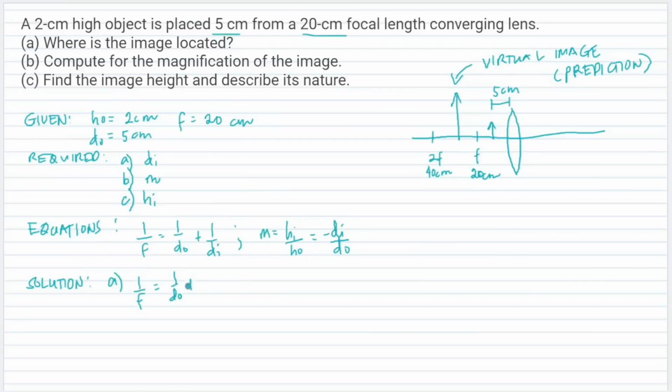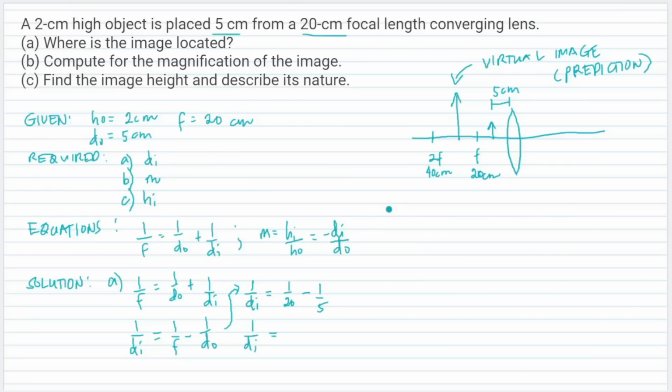To find DI, we will be using the lens equation. So we will be solving it in terms of DI. So 1 over DI is equal to 1 over F minus 1 over DO. Positive ang ating focal length kasi converging lens naman siya.